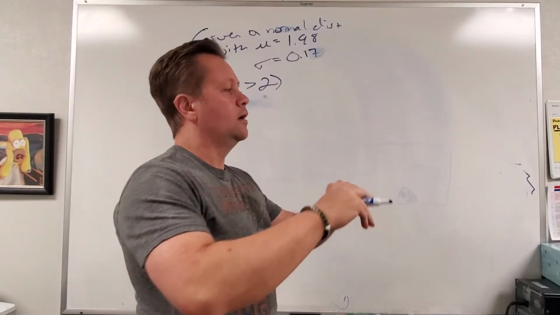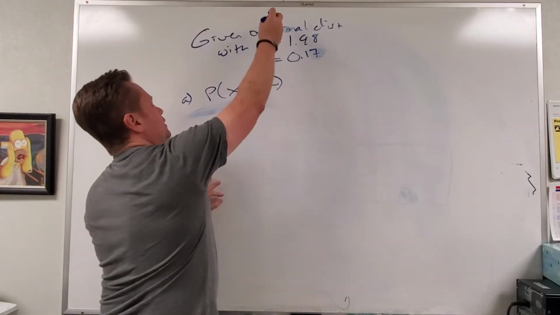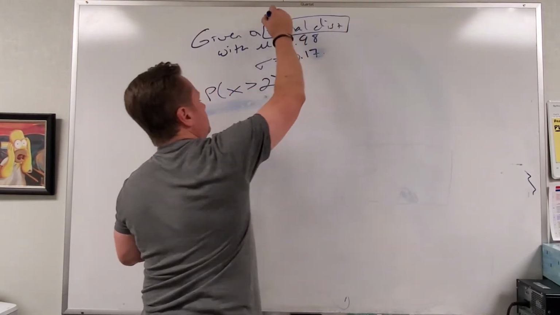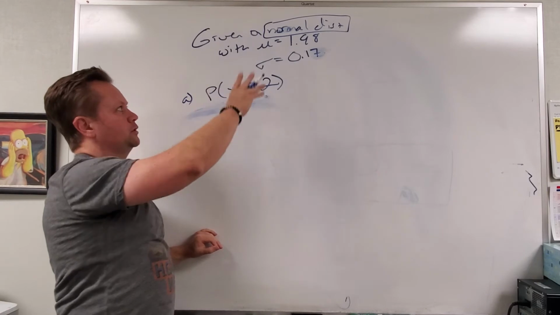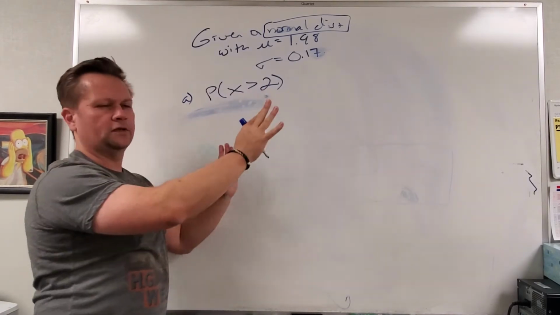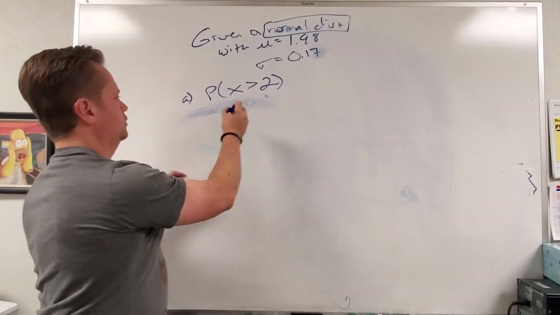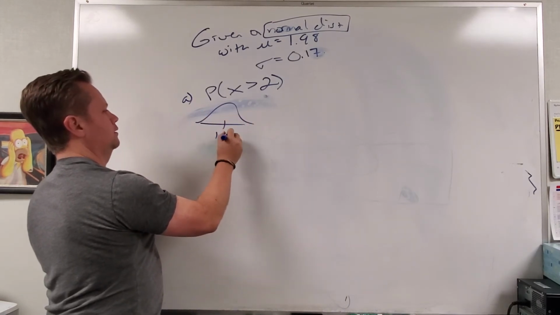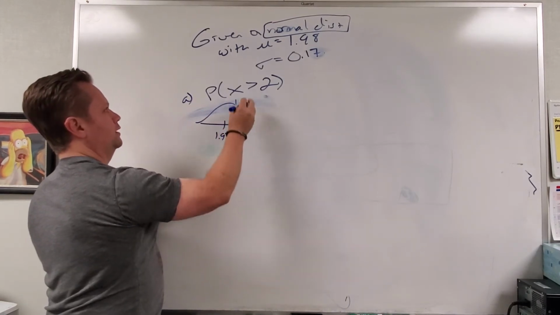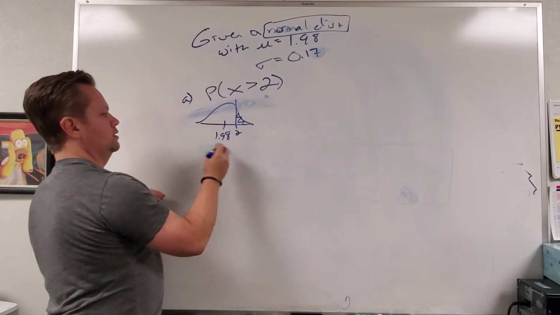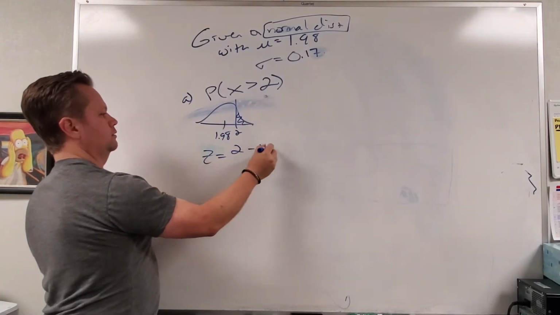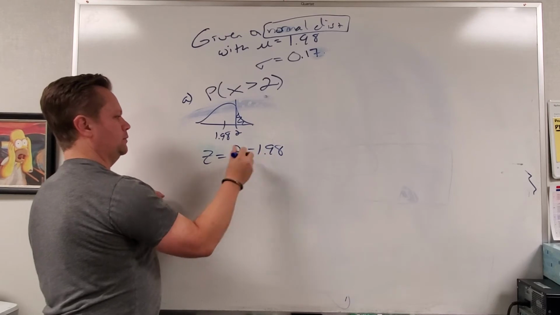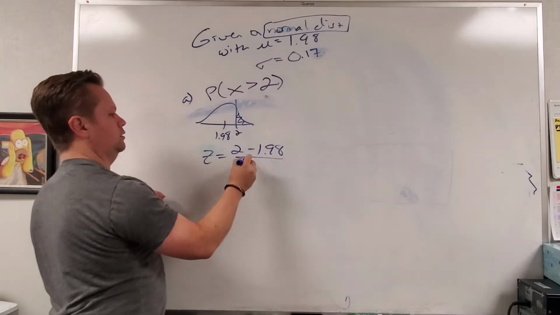All right. I can do this because I did say it's normally distributed. So I'm able to do this problem. This is a chapter 6 problem, right? So I've got a mean of 1.98. I know the probability that greater than 2. I make a z-score. My score minus the mean divided by the standard deviation.